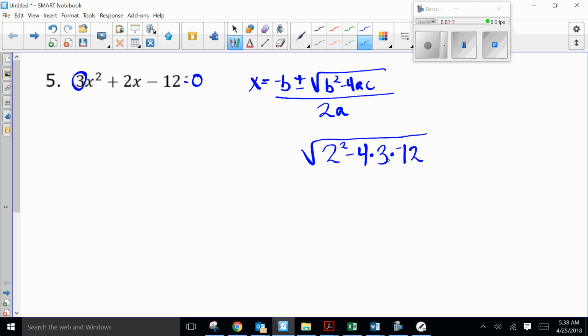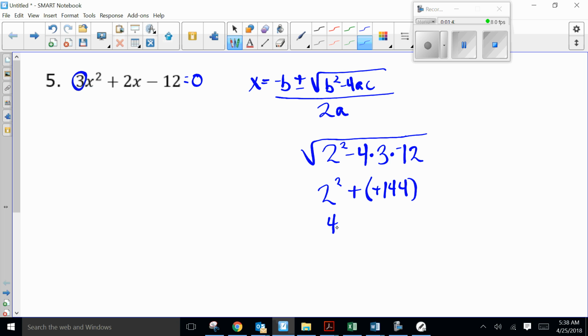So 4 times 3 is 12. 12 times negative 12 is negative 144. So if I want to take away negative 144, or subtract negative 144, remember that actually turns to addition.